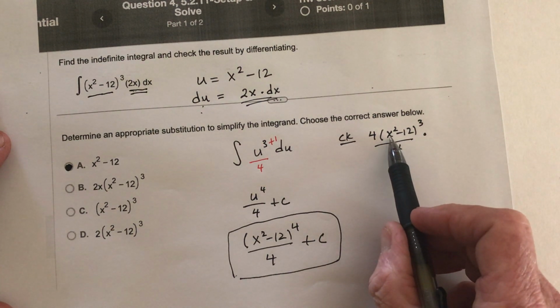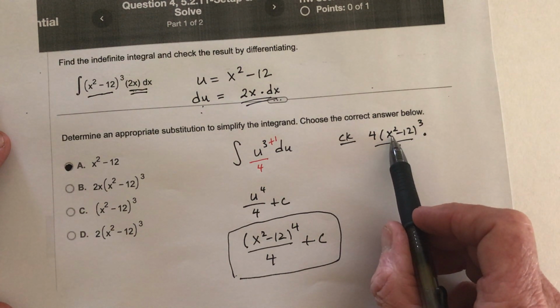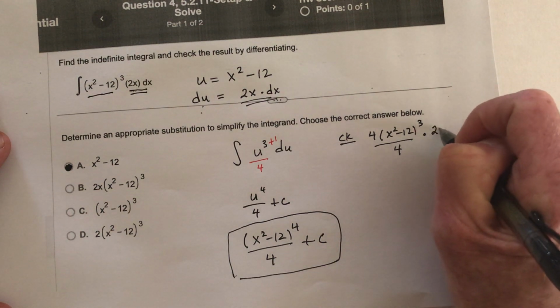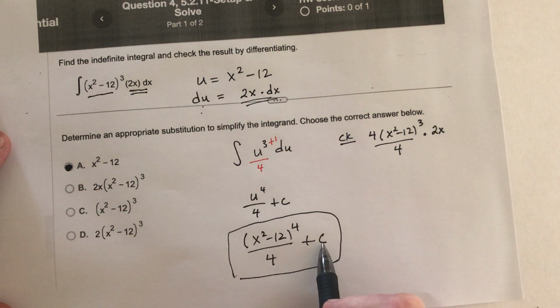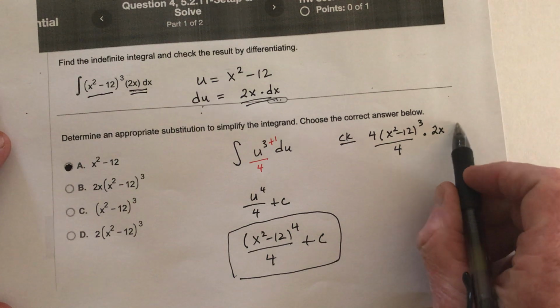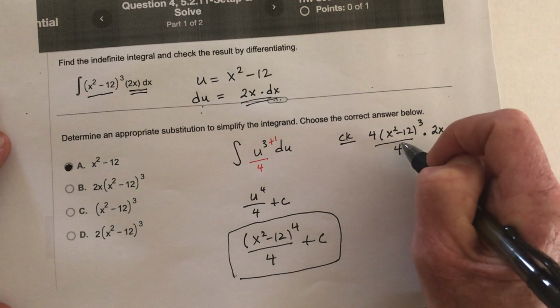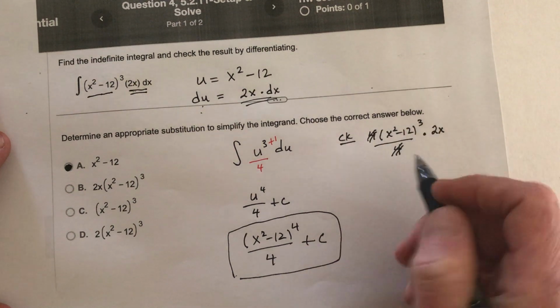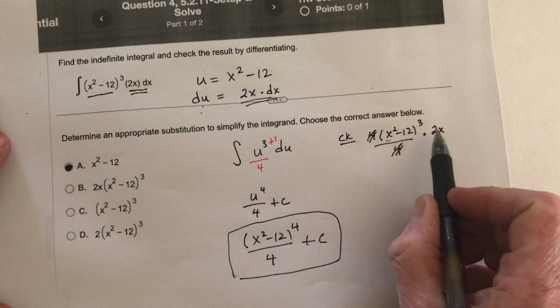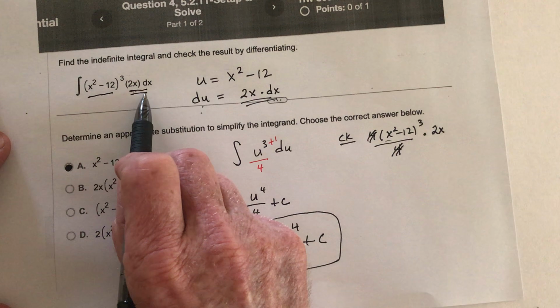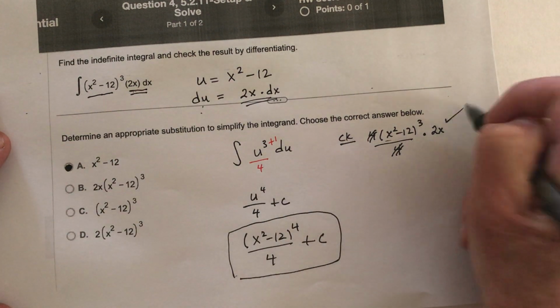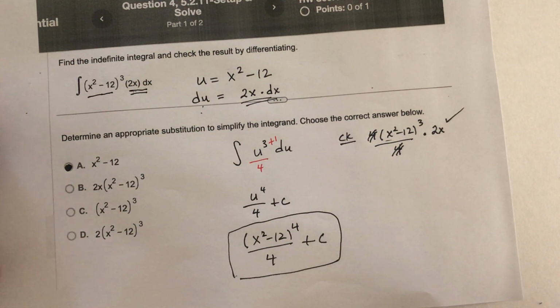And next I would need to do the chain rule, so the derivative of the inside is 2x. And the derivative of c is 0. So that's why there's nothing right there, because derivative of c is 0. And then when you cancel these 4's, this is exactly the same as the original problem. So that means that my check worked. I did the problem right.